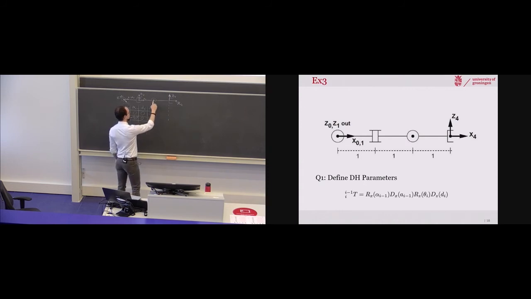So here there is the origin, and now I have to place the Z3 along the axis of joint 3. Therefore, let me draw a line like this, even though this arrow would actually be outside of the blackboard. But just to make you understand, I drew it like this.